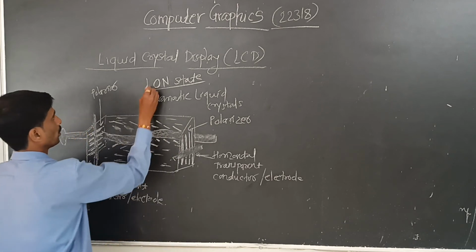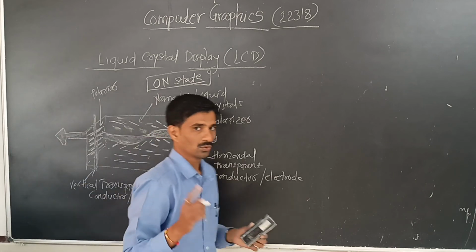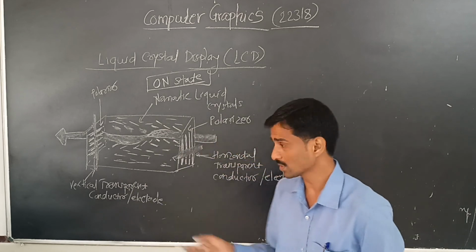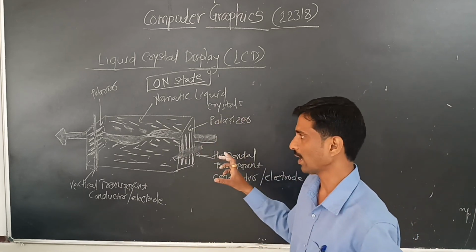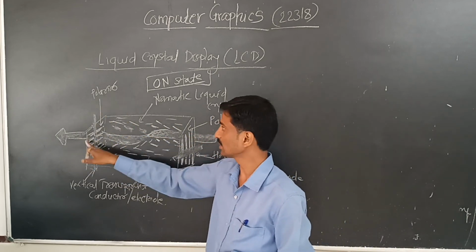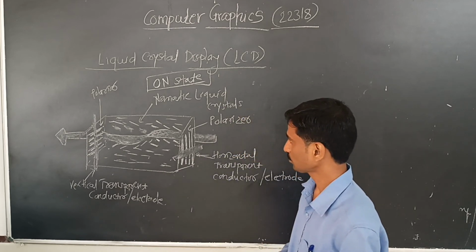So this is the on state. So here in the on state, the only difference is that light is passed through this polarizer filter.